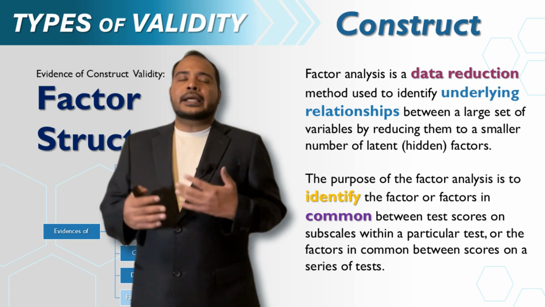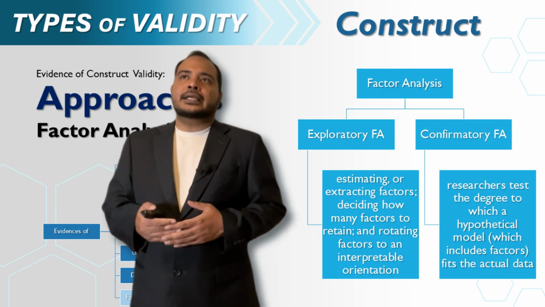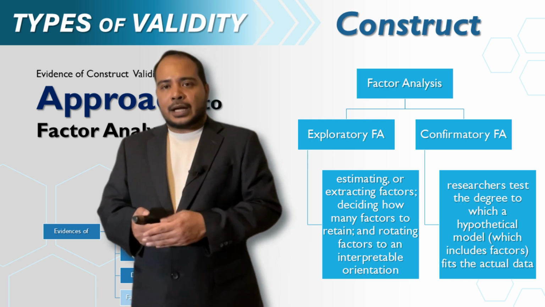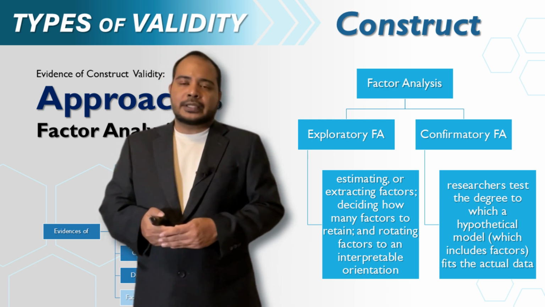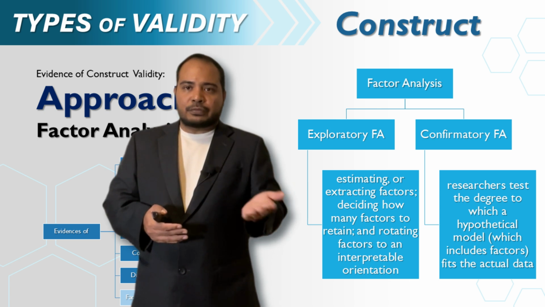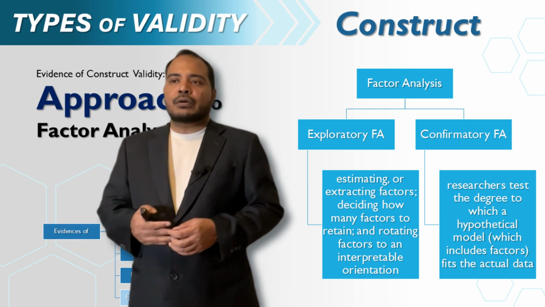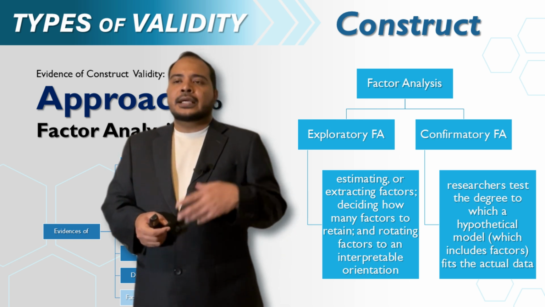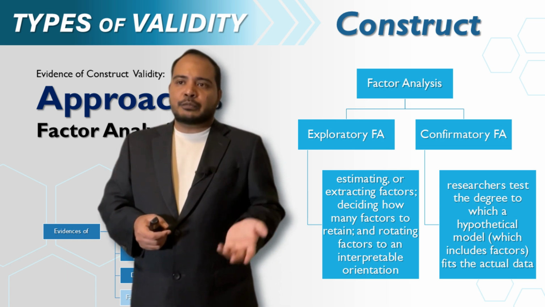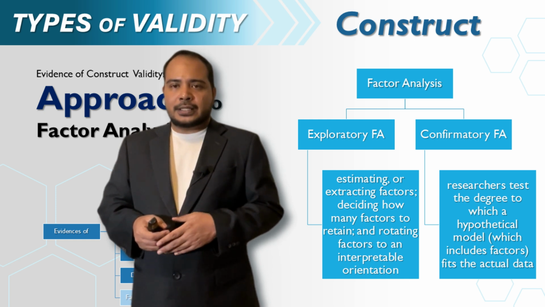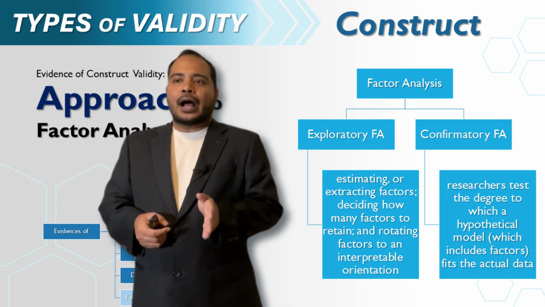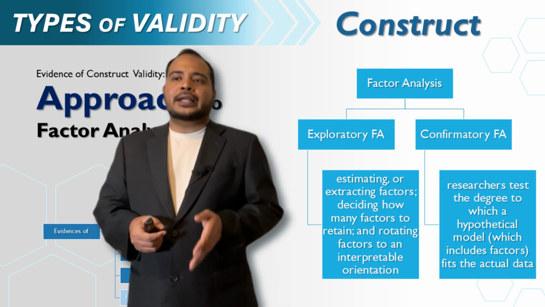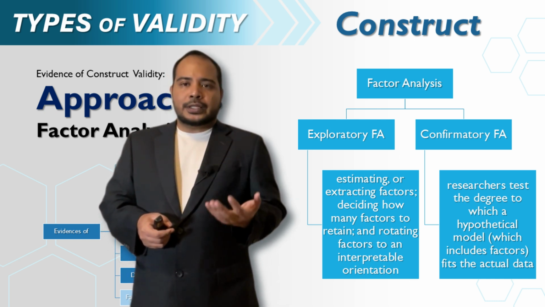There are two common ways that test developers establish factor structure evidence of construct validity. They can use exploratory factor analysis or confirmatory factor analysis. Exploratory factor analysis is used for estimating or extracting factors, deciding how many factors to retain, and rotating factors to an interpretable orientation.